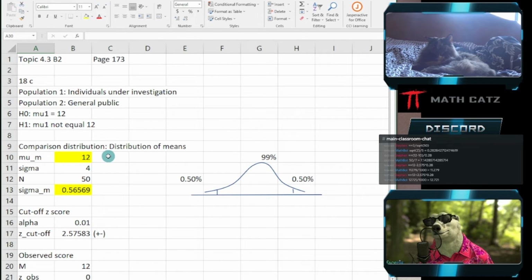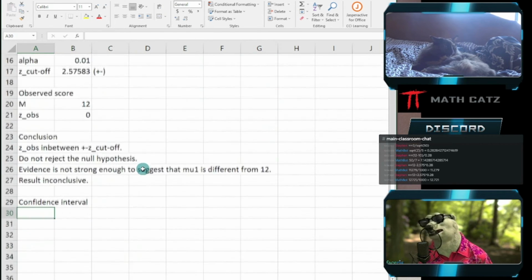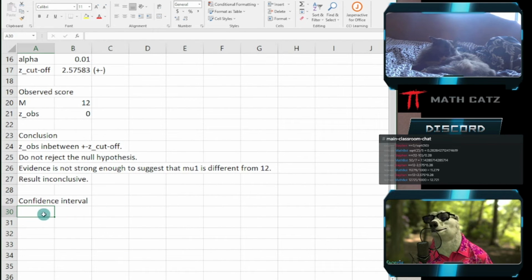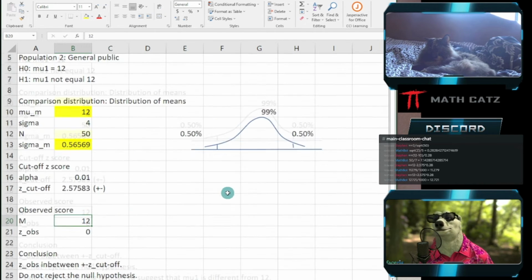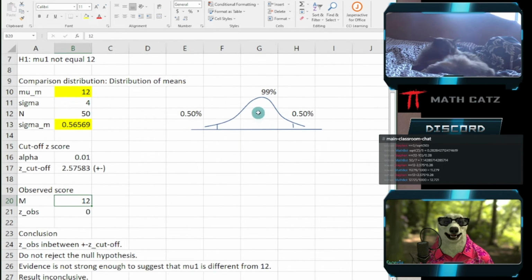I'm used to some variation, but still, we are constructing our interval. Let's go left and right. The interval we're constructing around this observed sample mean. In the same way here, but we're centering it at the sample mean, which in this case happens to be exactly the same as the population 2 mean.